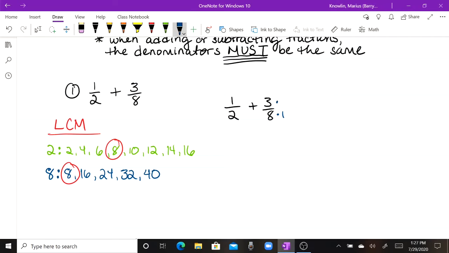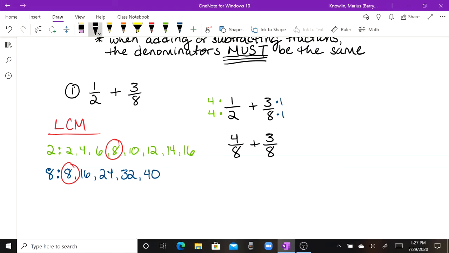So that means I have to multiply the numerator by 1 as well. And for the 1/2, if I want to make that 2 an 8, I have to multiply that times 4. So that means I have to multiply that numerator times 4 as well. So our new fractions are going to be, instead of 1/2, we're going to have 4/8. And the 3/8 is still pretty much going to be the same, because the denominator was already 8.